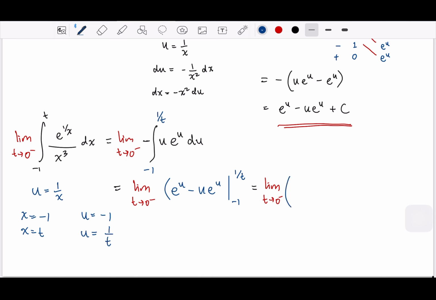And then let's input 1 over t. So 1 over t minus 1 over t, or e 1 over t over t. And then minus, let's input negative 1, e negative 1 plus e negative 1.